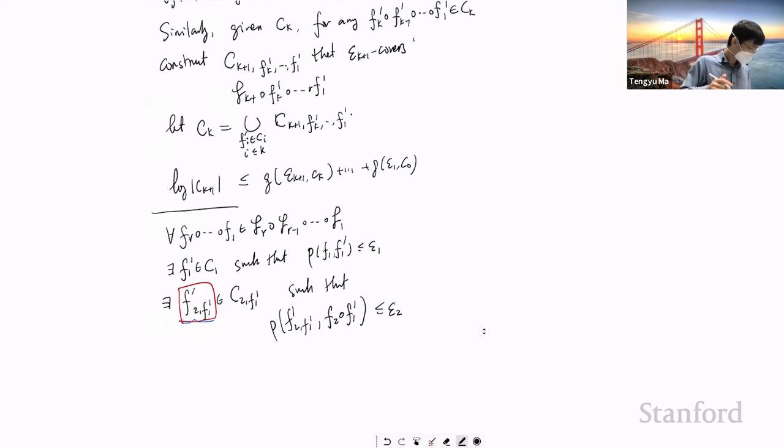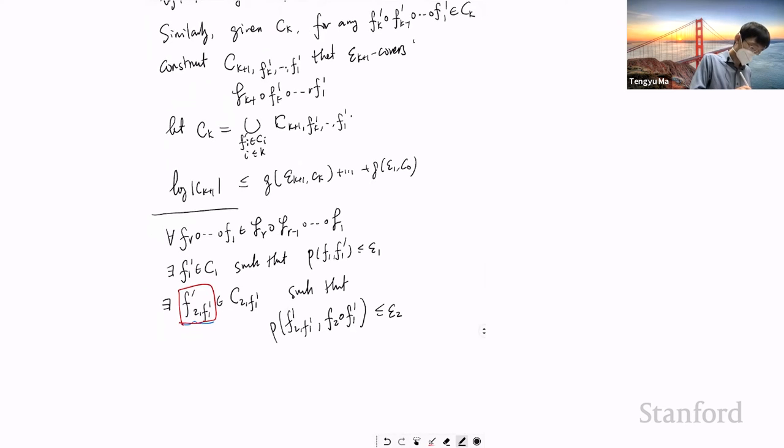Right. So maybe let's write this as f2 prime composed with f1 prime, so that it looks like what my cover is doing. Your cover has this structure that you first apply f1 prime and then you use the f2 prime in the cover.